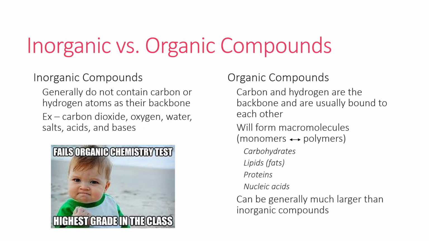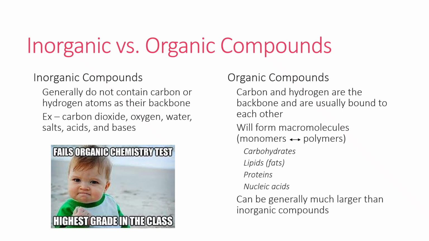Now, very important, I want you to understand this part. These are going to form our macromolecules that we're going to use to build the body. Macro means big molecules, and big molecules are usually made up of smaller parts. These smaller parts are known as monomers. Monomers are the building blocks of our large organic compounds, and monomers come together to form polymers.